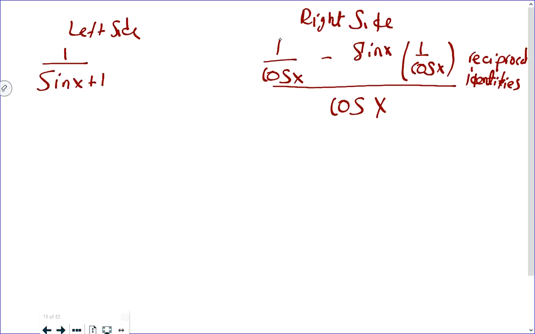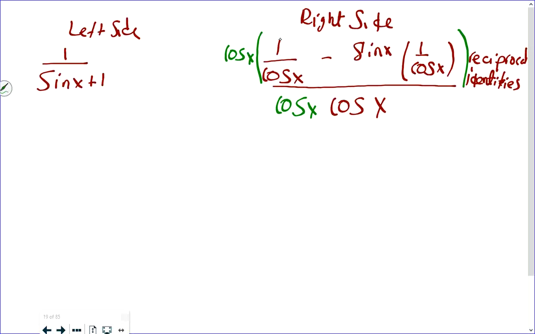I don't think I need to do that. I'm going to multiply top and bottom of this by cos x to clear those mini denominators.